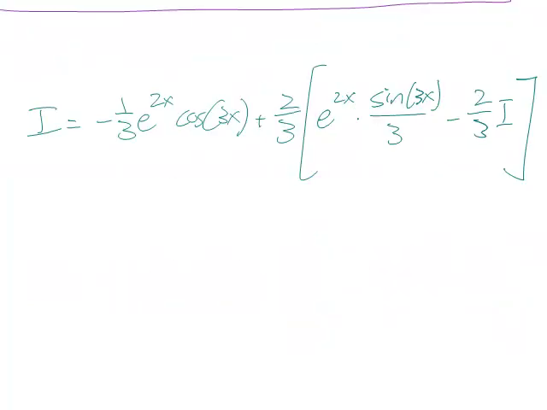Let's simplify this a little bit. We have the equation I equals minus 1/3 e to the 2x cosine 3x.